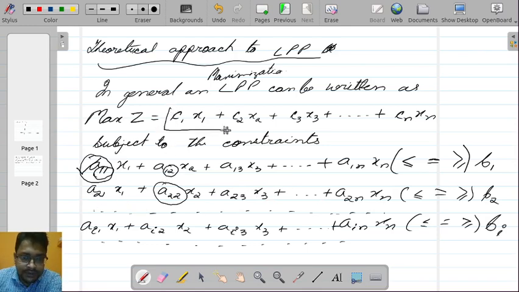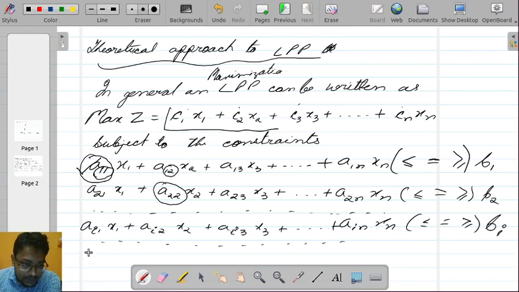All these are linear: c1 x1, c2 x2. These c1, c2, c3 are called costs, just as we have seen in our formulation that the objective function gives us cost or profit. So c1 is the cost of the variable x1, c2 is the cost corresponding to the variable x2, and so on. c1, c2 up to cn will be called the cost vector.